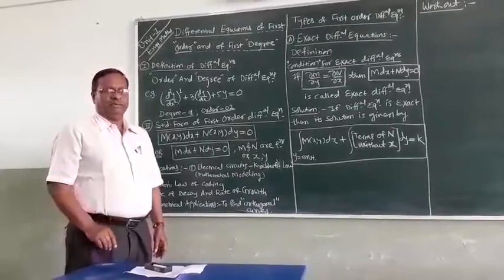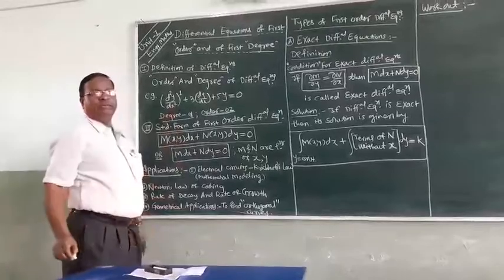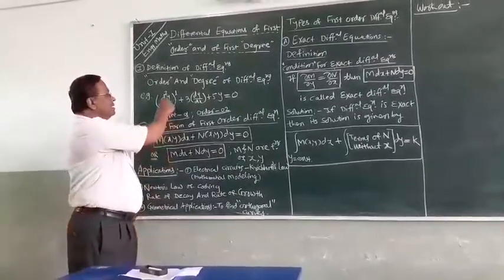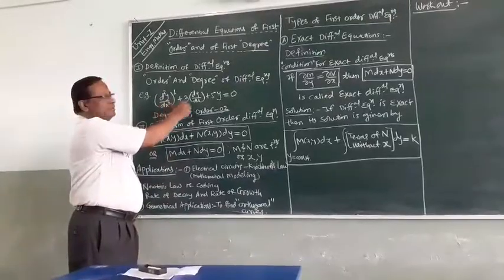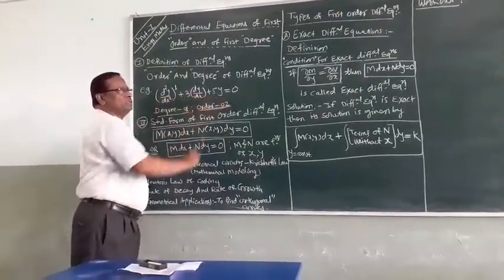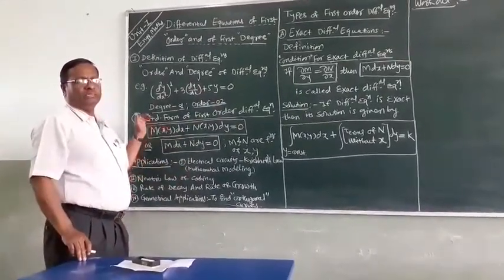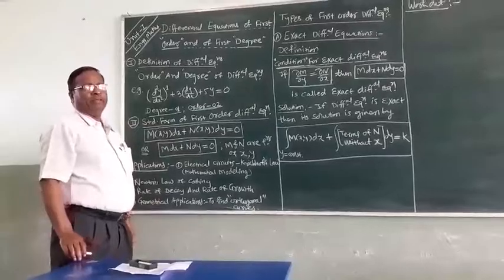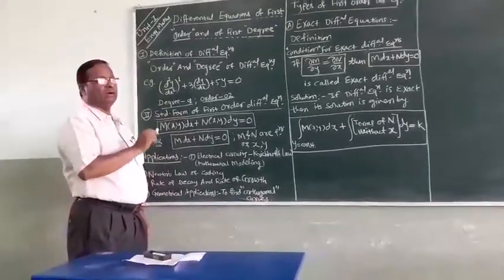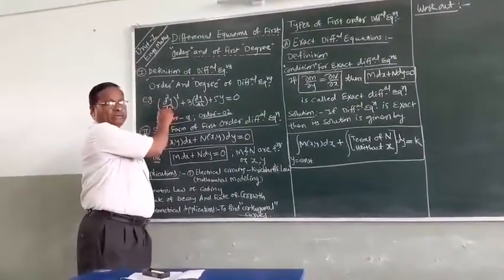For example, I have written one differential equation here: d2y by dx square plus 3 dy by dx plus 5y equal to 0. If you observe this carefully, it is a differential equation of second order because it has a second order derivative.